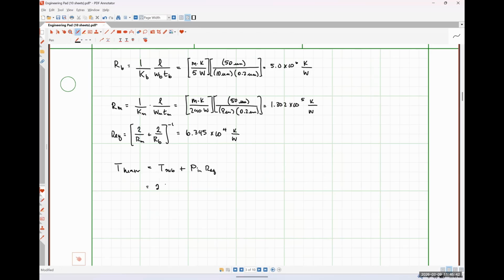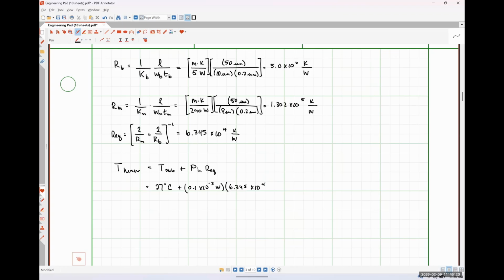So that would be 27 degrees centigrade plus 0.1 times 10 to the -3 watts times 6.345 times 10 to the 4.